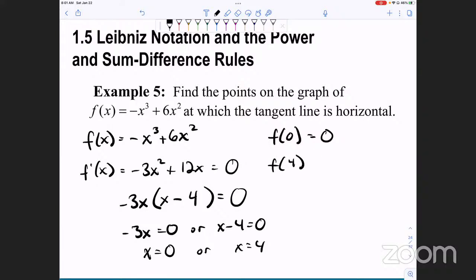When x is 4, we're going to have -4 cubed plus 6 times 4 squared. That's -64. 4 squared is 16, and 16 times 6 is 96. So the result is 32.